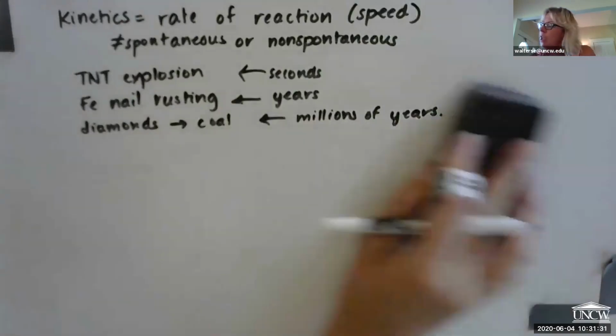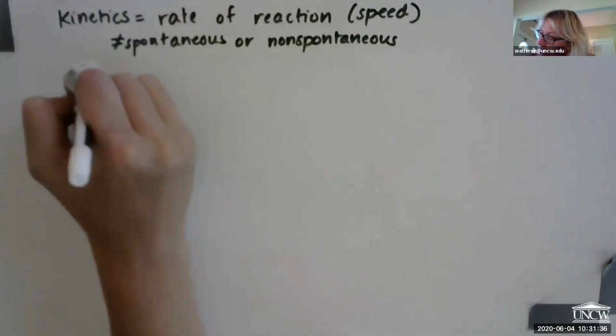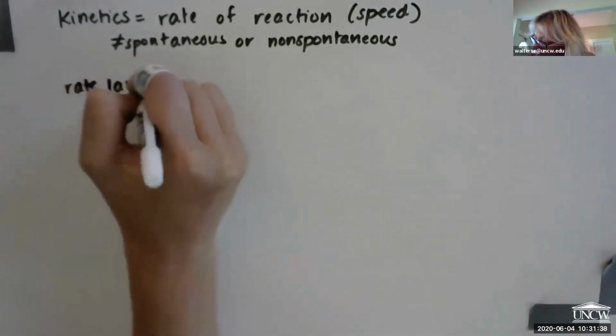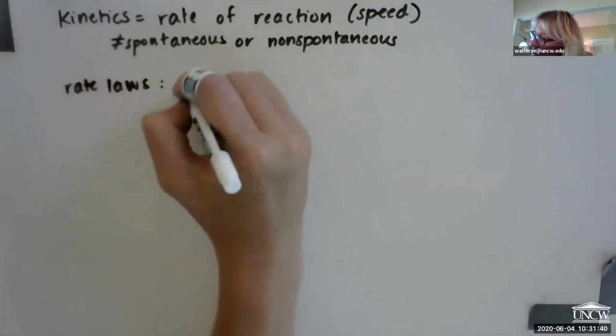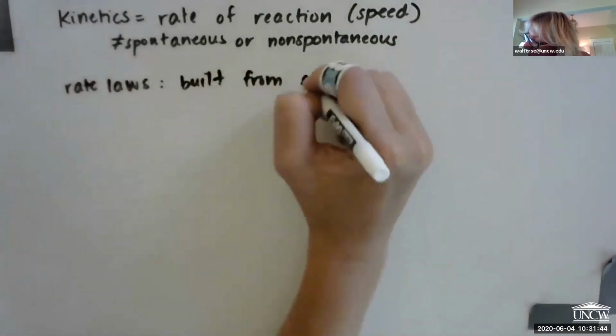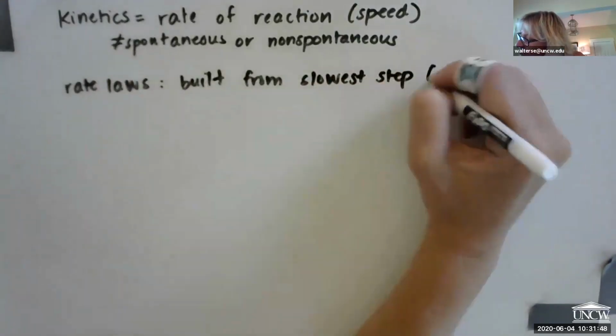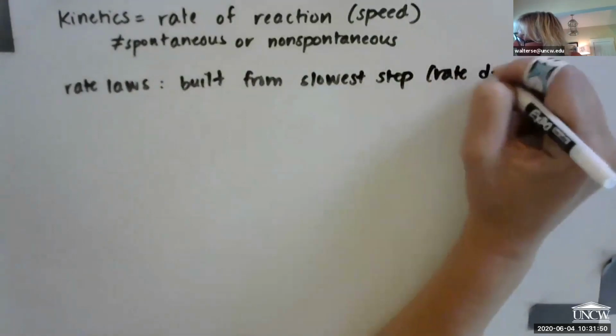So kinetics is given by what are called rate laws. Rate laws are built from the slowest step in the reaction, which is called the rate determining step.